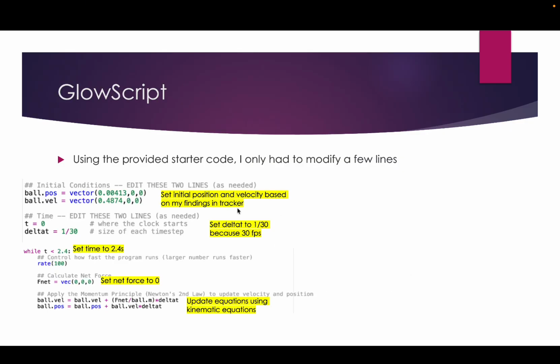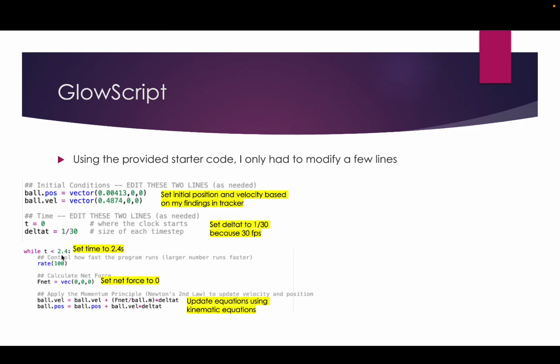Then I also used GlowScript to create my computational model, and we were provided starter code, so I only had to modify a few lines. Here I modified the initial starting position and velocity vectors. Here I set delta t equal to 1 over 30 because my phone recorded at 30 FPS.